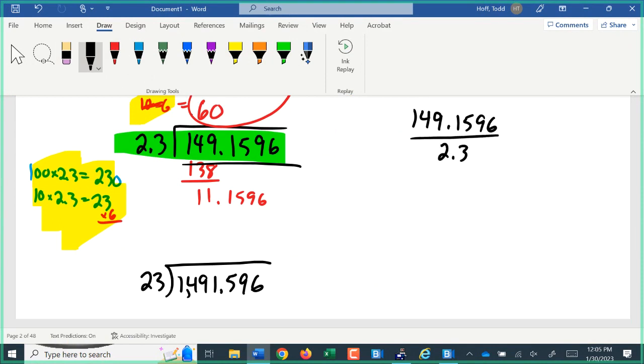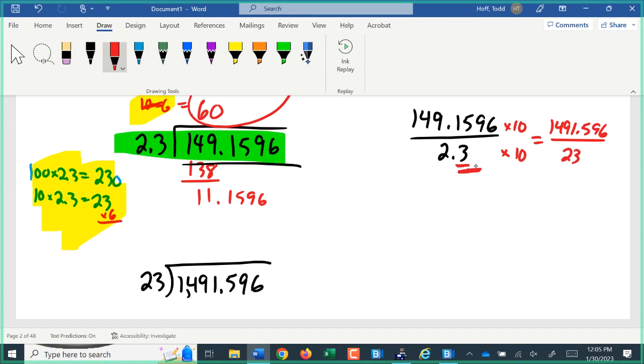And in a fraction, we can multiply numerator and denominator by the same thing. And since there's only one decimal place here, to get rid of the decimal, I just multiply by 10. Multiplying by 10 on top gives me 1,481.596. Multiplying by 10 on bottom gives me 23.